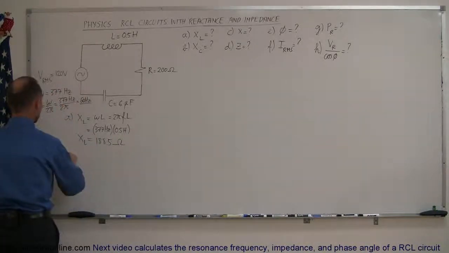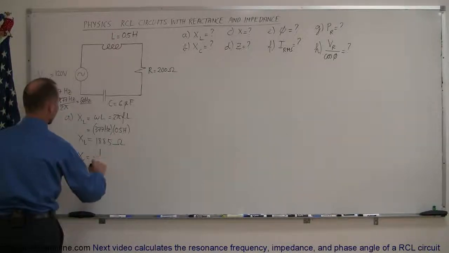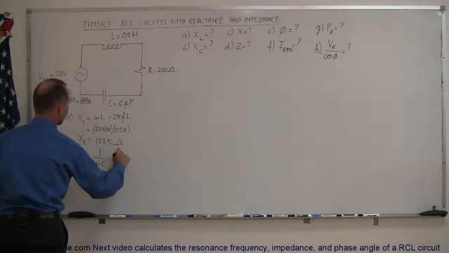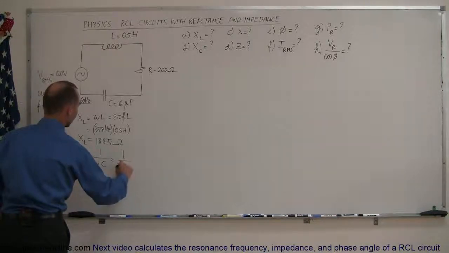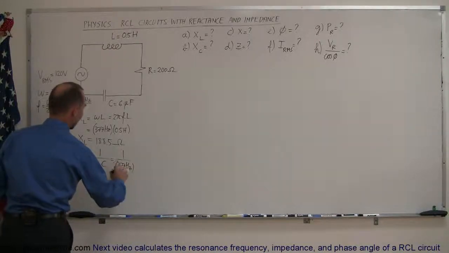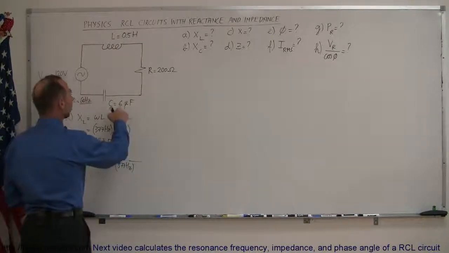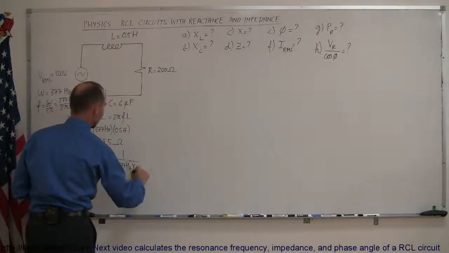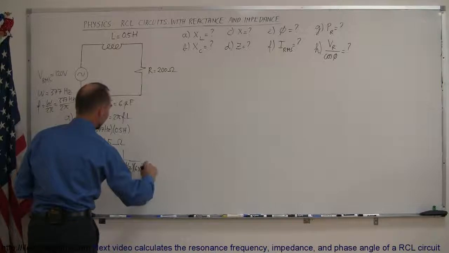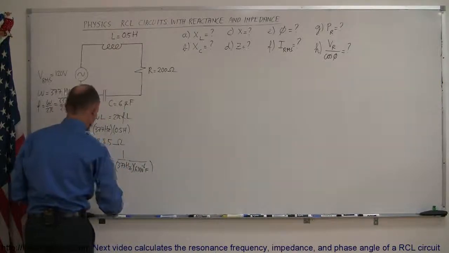Doing the same for part B, which is the capacitive reactance, that is equal to 1 over omega times C, so it's equal to 1 over 377 hertz times the capacitance, which is 6 microfarads, which is 6 times 10 to the minus 6 farads. So what is that equal to?